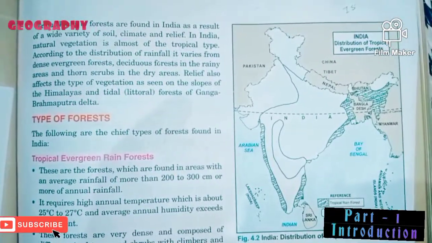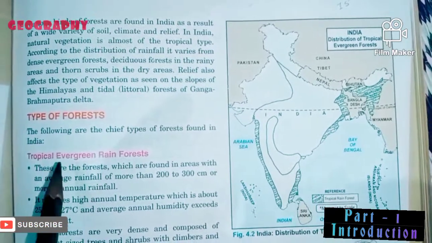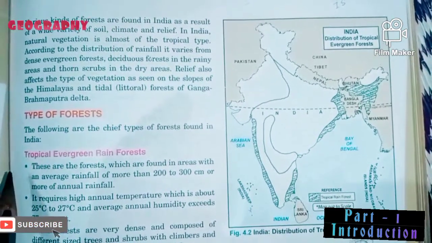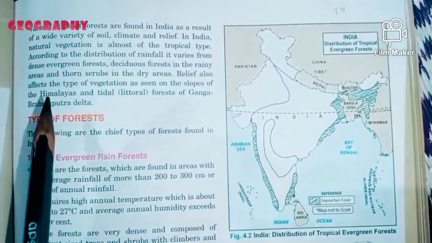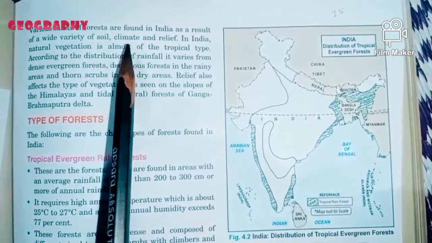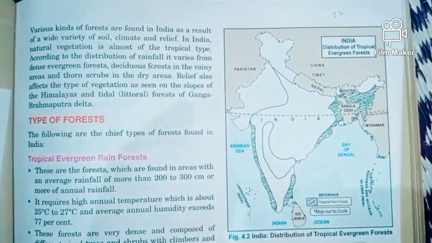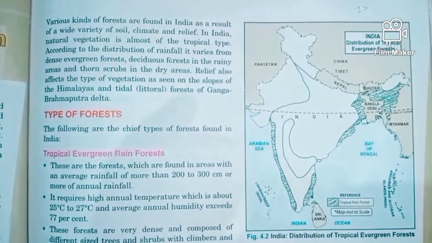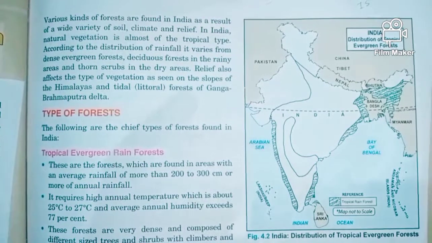Now let's take a look at the types of forest. In India, we can find a variety of forests. But this variety of forest mainly depends on the variety of soil present in that area, the climatic conditions and the relief features. So accordingly, we can see some variations in the forest found across India.